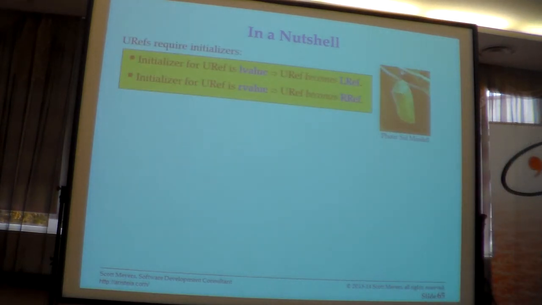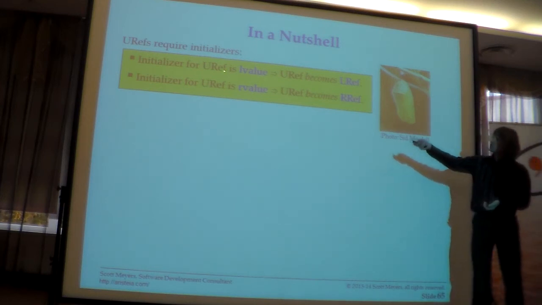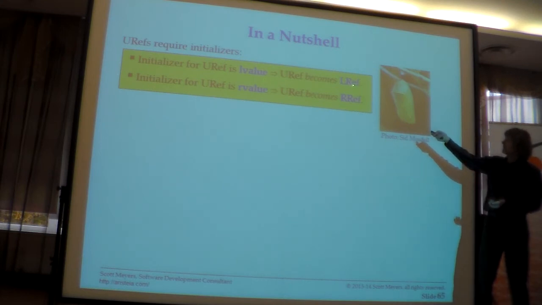A universal reference is a reference. Every reference must be initialized. The initializer for a universal reference determines whether it is an L-value reference or an R-value reference. If you have a universal reference and you initialize it with an L-value, it becomes an L-value reference.